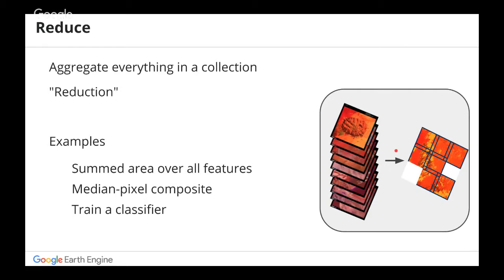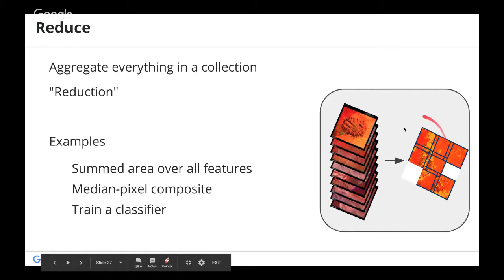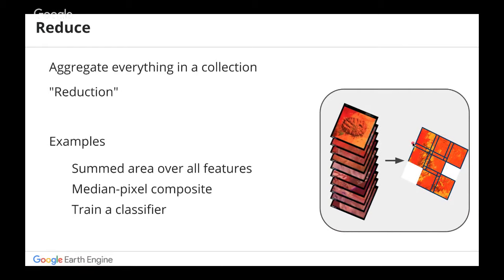So creating a cloud-free composite with a median reducer in every pixel is an example of a reduce operation. And so this is a temporal reduction. So imagine this is a time series and you want to make a single composite out of that time series. You can do a reduce operation, but you could also take the mean of pixels in an area here, and that is a spatial reduction.